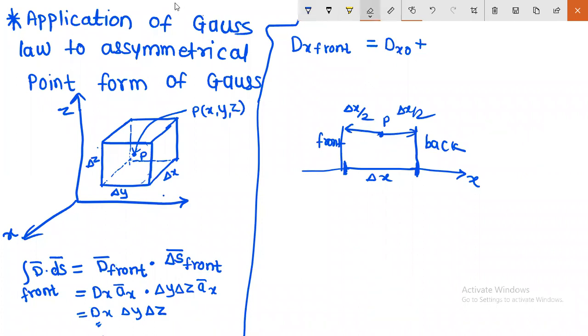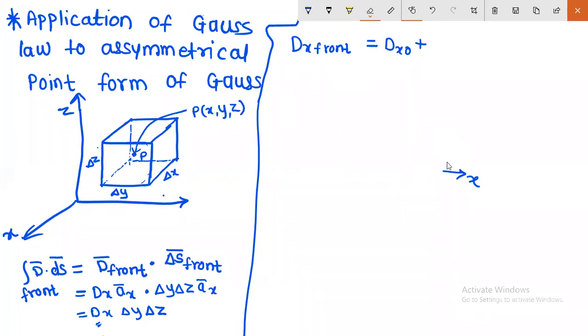Please, yes or no, at least give me a reply so that I will understand and your time will be saved, because this derivation requires 1 hour. So it is equal to plus delta x upon 2, which is the distance. I'll first write in words so that you will understand.